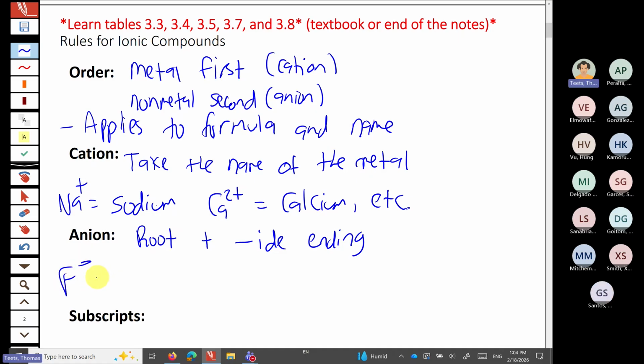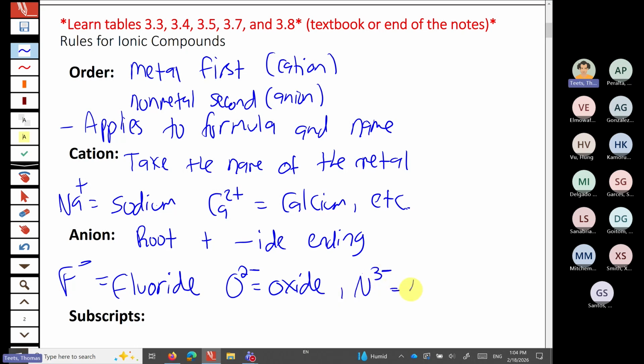And when it's in an ionic compound, that would be named as fluoride. So again, fluor being sort of the root part of the element's name, but then instead of calling it fluorine, we call it fluoride with an IDE ending. Or if you have an ionic compound that includes oxygen, we would predict a 2- charge, and we name that anion as oxide, IDE, or N3-, nitride, etc.